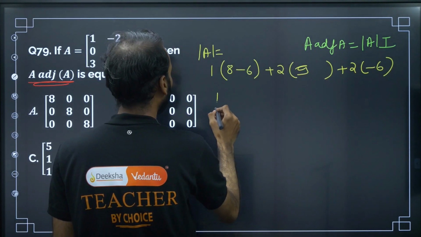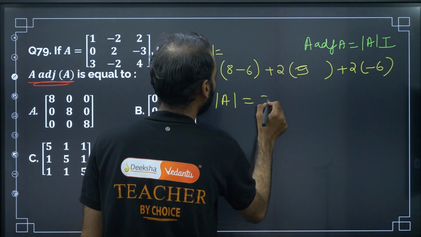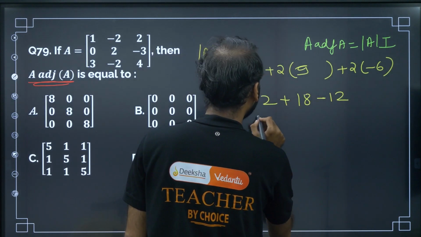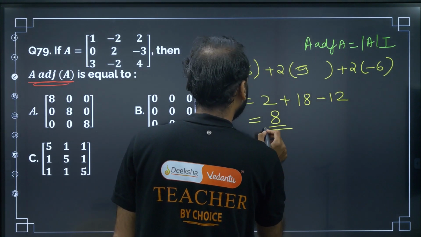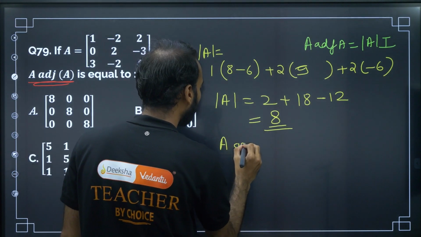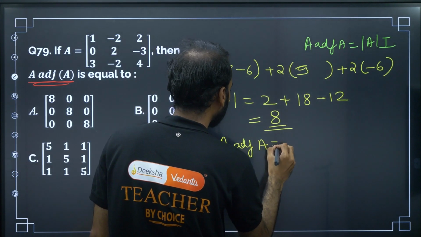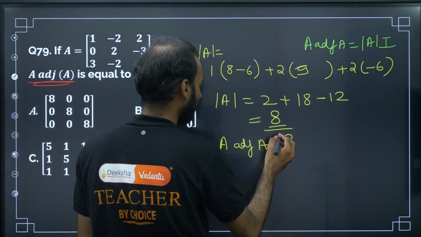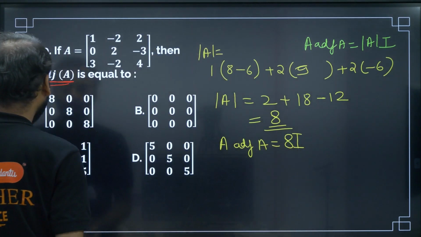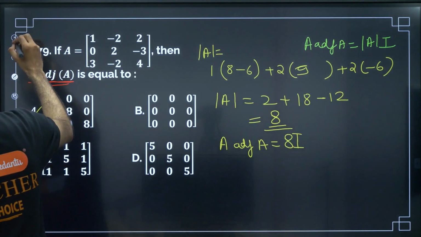Determinant of A is equal to 2 plus 18 minus 12. This is equal to 8. So what they are asking, A adjoint of A is det A into I. So 8I, any option with 8I, A is the answer. Moving on to next question.